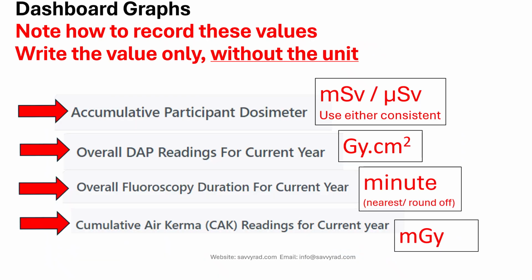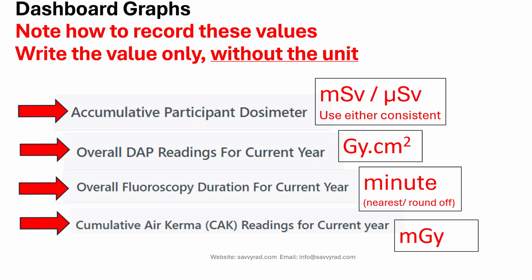The dashboard graphs, there's a specific value that you need to record. For the cumulative participant dosimeter, it's either in millisievert or microsievert. It does not matter. Just use it consistent so that it is reflected on your graph. The overall DAP readings for the year in gray per centimeter squared.